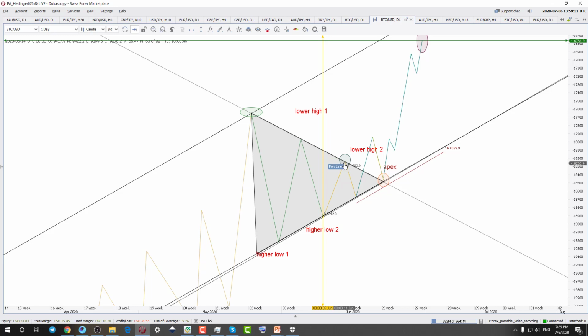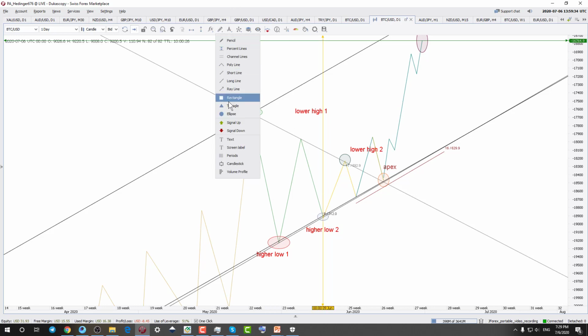When we join these two lower highs, a downtrending line forms, and in the same way we need two higher lows. This is one low, and then this one here.